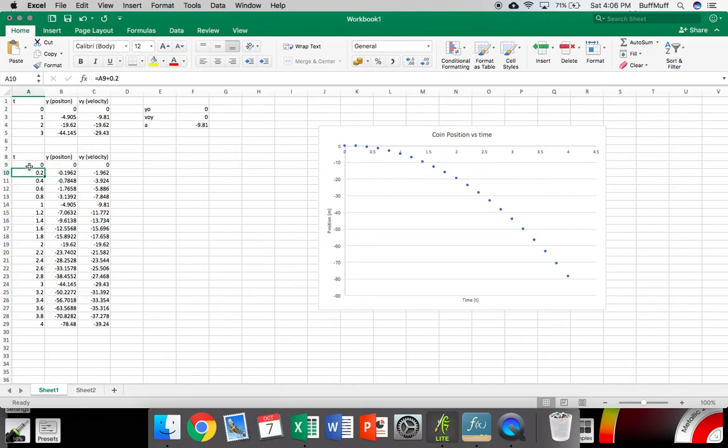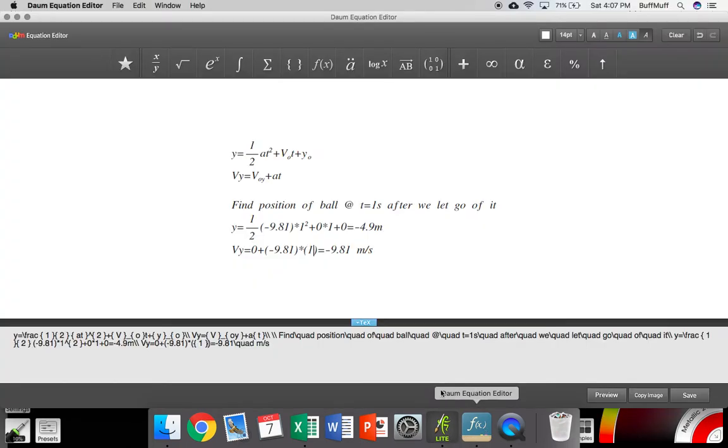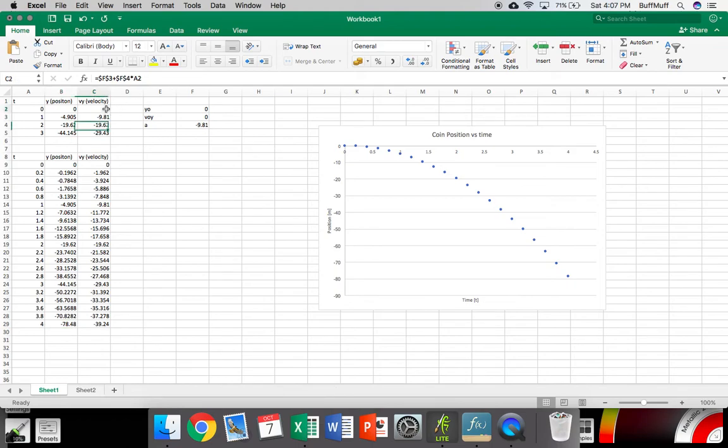So 0.2 seconds after I let go of my ball, this is the position of the ball, this is the velocity. At 1 second after I let go of my ball, this is the position, this is the velocity, etc. All of these values were obtained using these two formulas, correct? Okay, and actually they might be wrong because I probably used, yep. Oh no, they're fine. So this is the position and this is the velocity of the ball at this time.